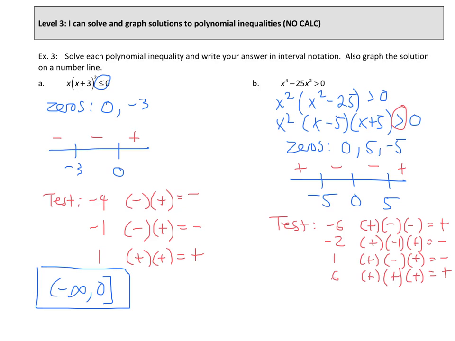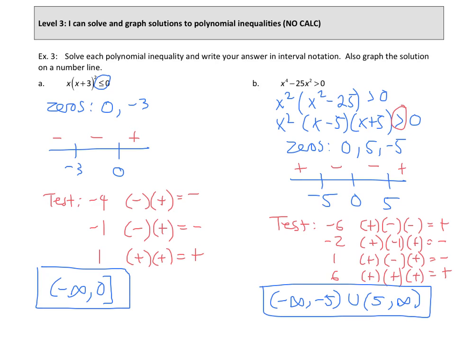So my answer is going to be, the first plus sign region is negative infinity to negative 5. And since my greater than symbol doesn't have the or equals line underneath it, it actually equals 0 at negative 5, so I use a parenthesis. And then I do union, parenthesis, 5 to infinity. And there we go.